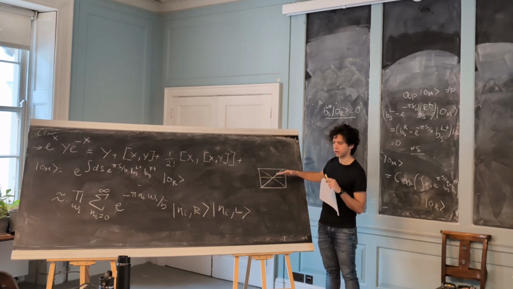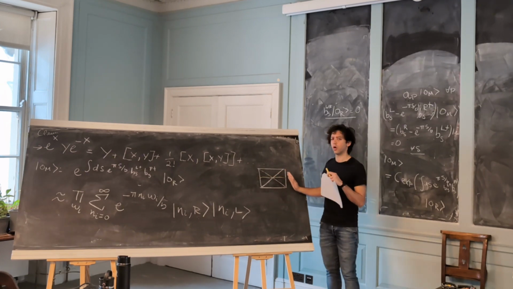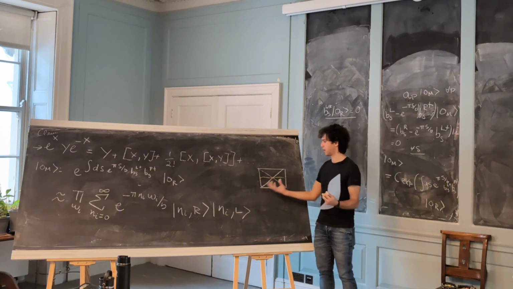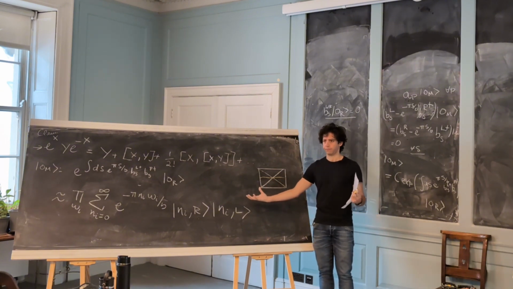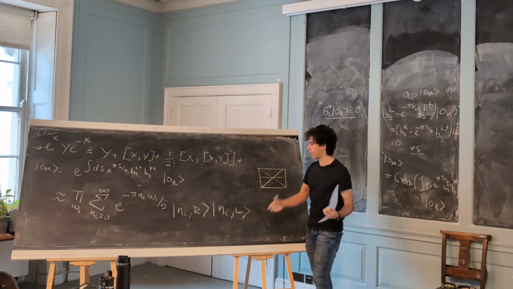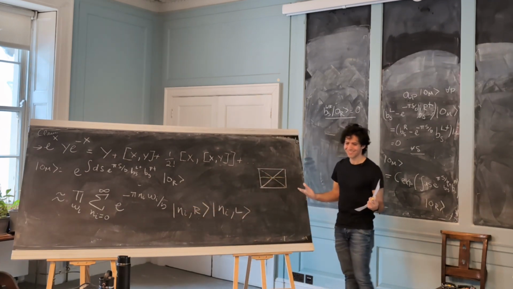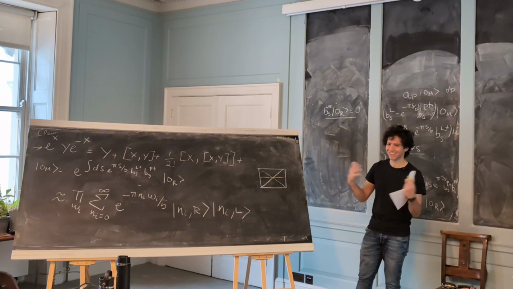Highly entangled state between the left and the right. And according to a Rindler observer who only has access to one side, they're observing this entangled state. Right. Thermally populated entangled state. But we're writing the vacuum. This is the Minkowski vacuum.